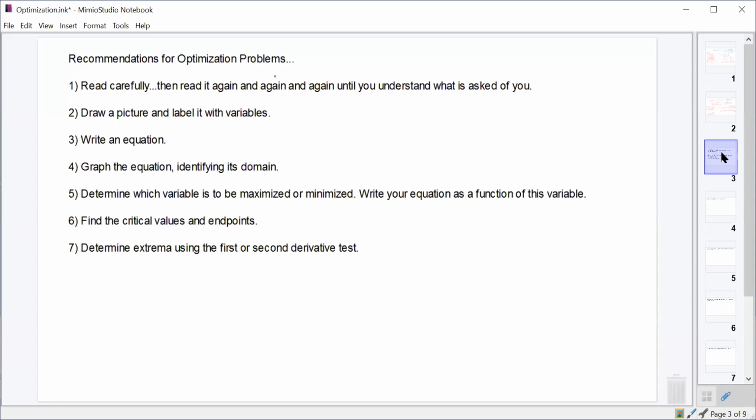Because if the result you get is outside the domain, then obviously your answer is either wrong or not an answer. So once we get our function written, we will take its derivative, find the critical values, and look at the endpoints and see which one is the max and what's the min.